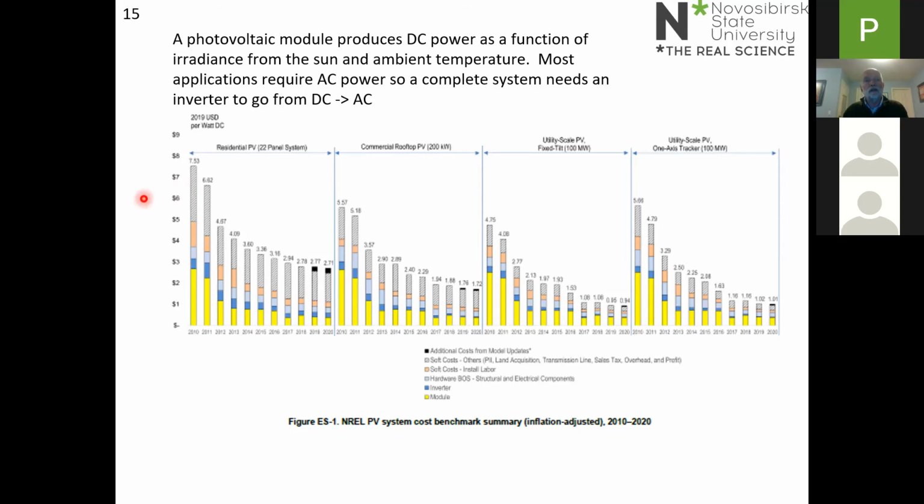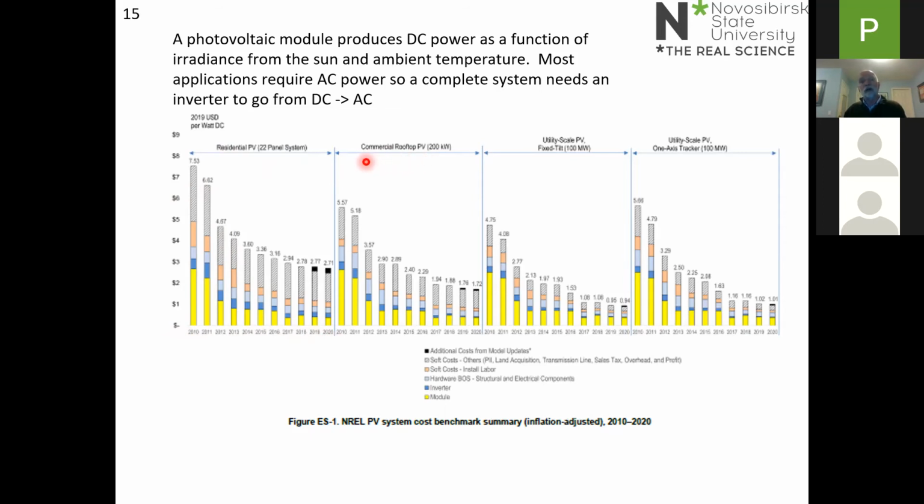Whereas if you look at this graph here, which shows the typical costs over, again, a decade, 2010 to 2020, I think, yes, or something close to that. It's broken down into residential, PV systems that people put on their houses, a commercial rooftop.